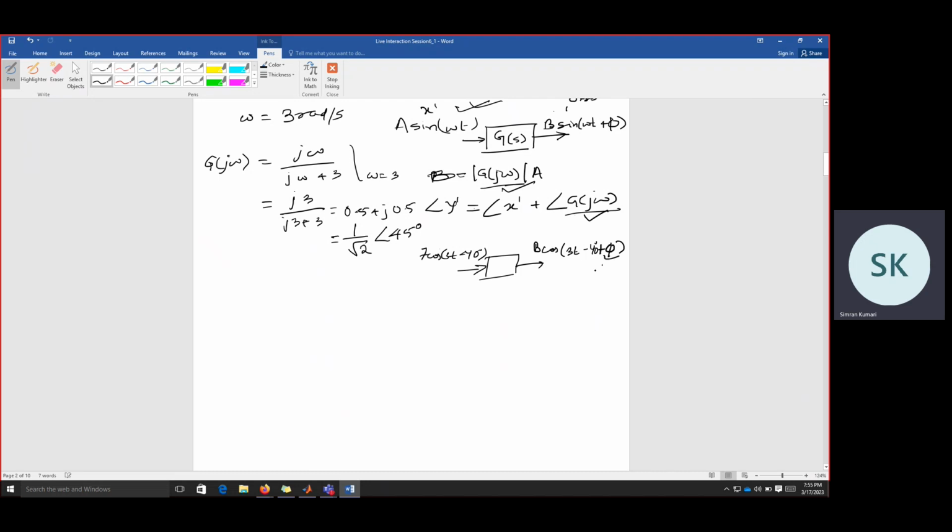So this phi is the angle of G(j omega), and this B we can calculate. B will be, okay, this is A into the magnitude of G(j omega), where omega is 3.